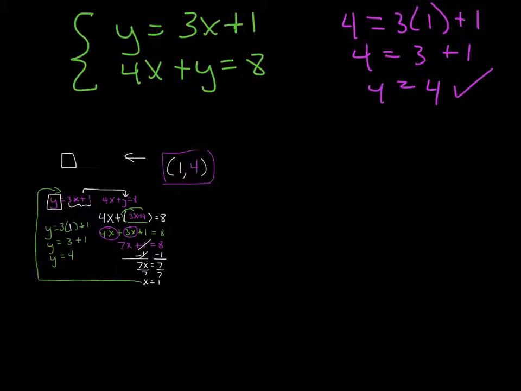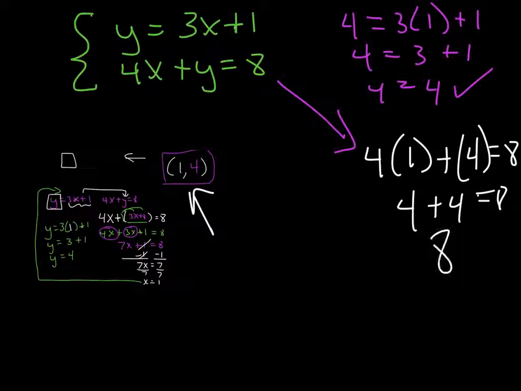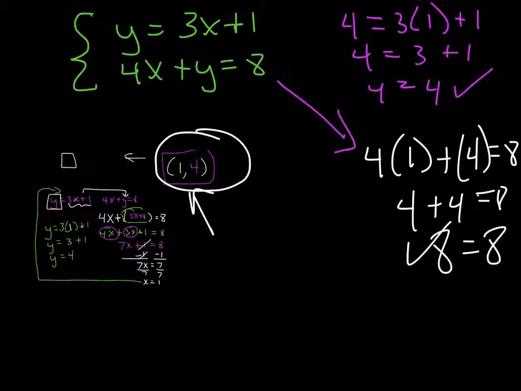And notice how that checks out. I'm now going to bring down this equation, 4. Remember, the x value is 1, and then the y value is 4. And it has to equal 8. 4 times 1 is 4, plus 4 equals 8. And you end up with 8 equals 8, and that also works out. So therefore, 1, 4 is a solution.